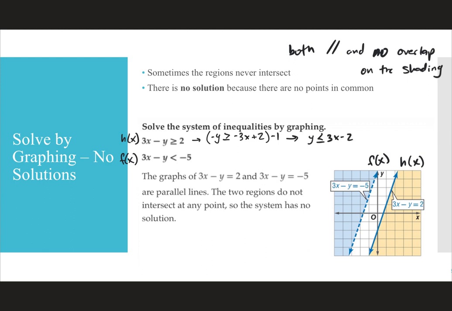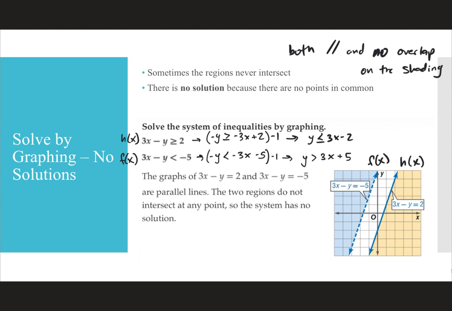And then down here, same thing, negative y is less than negative 3x minus 5, because I subtracted the 3x over. Multiply the whole thing by negative 1, and you get y is greater than 3x plus 5.